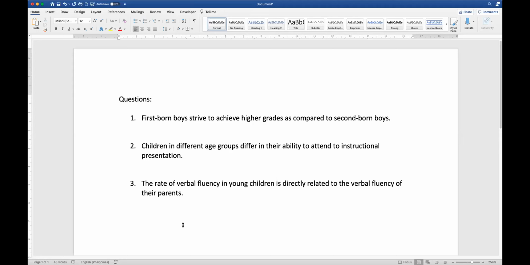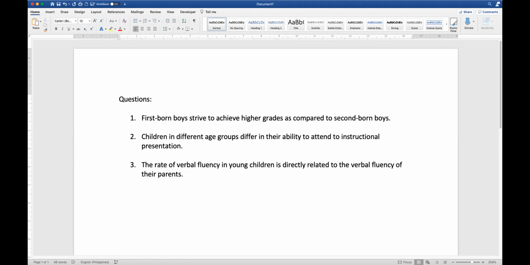Yun naman yun, di ba? First. Just to clarify, is instructional presentation in number 2 the variable or the measurement tool? Parang ang variable is ability. Ability, yeah. Tapos, attend to instructional presentation is just what the ability is.